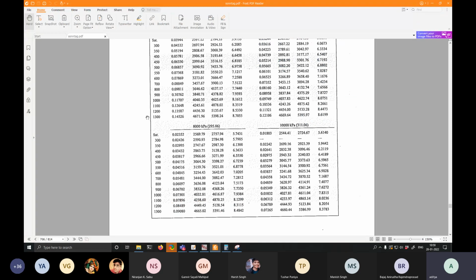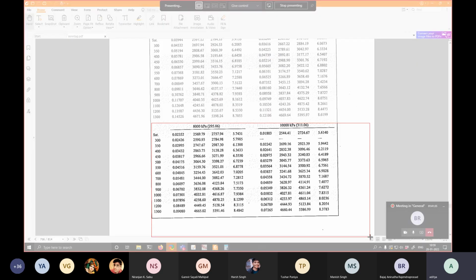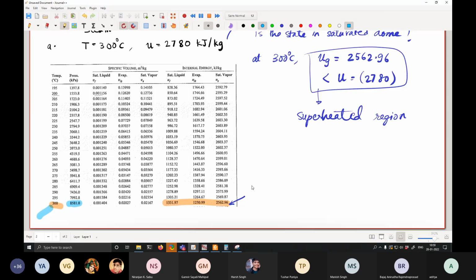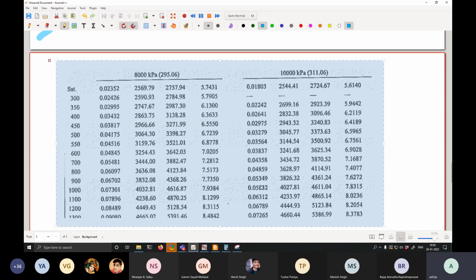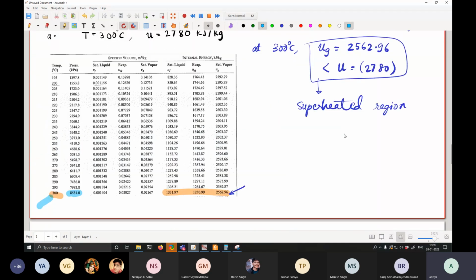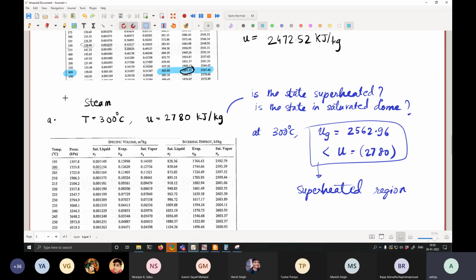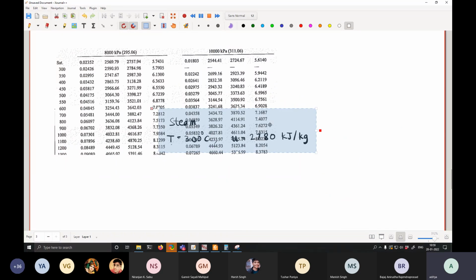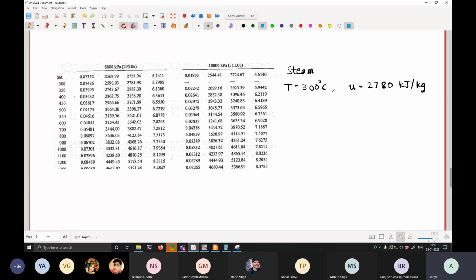So what we will do is take a screenshot of this, put it over here. Let's also grab our problem over here. So this is what we desire: 300 degrees Celsius, 2780.